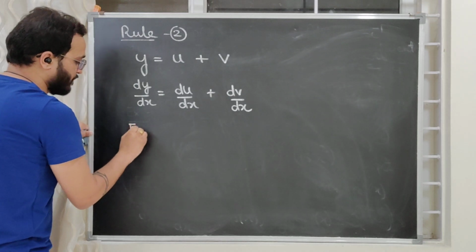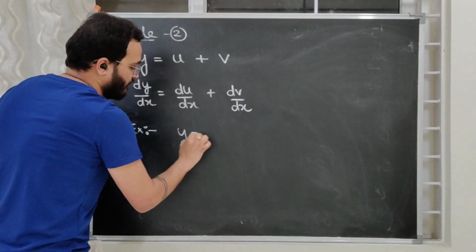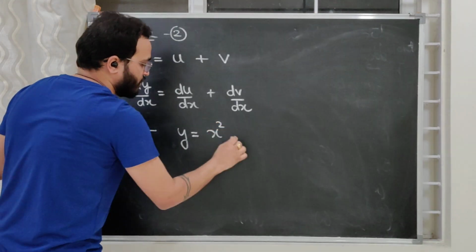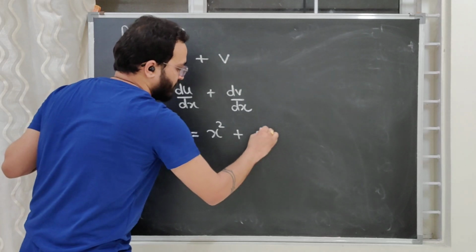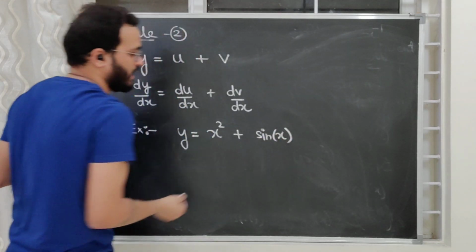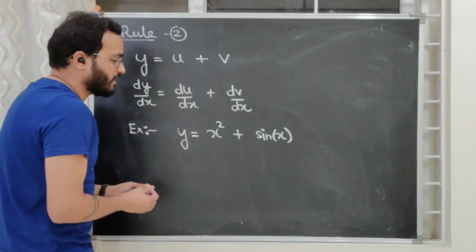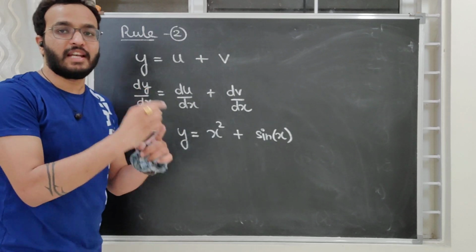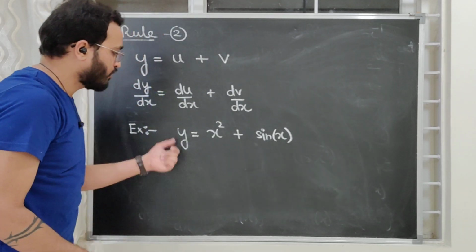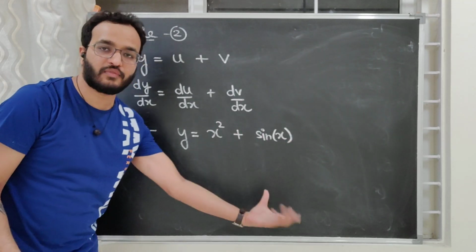Wait, let me tell you an example. You will understand better with the help of an example. Okay. So suppose y is x square plus sin x. Can you see that these are two different mathematical functions? This is x square, which is u. This is sin x, which is v. So when I differentiate this, I will differentiate this function as it is, plus I will differentiate this function as it is.